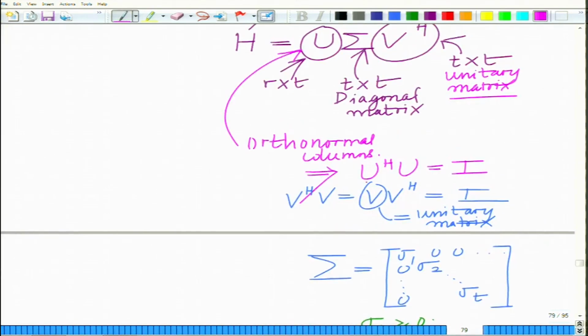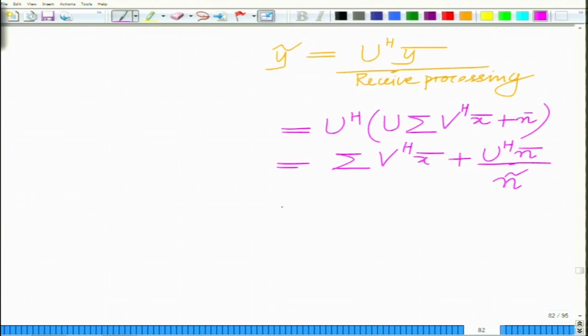So, it satisfies the property U Hermitian U is identity. Employing that, we have y tilde equals Sigma V Hermitian x bar plus n tilde, that is after receive processing by multiplying by U Hermitian at the receiver.